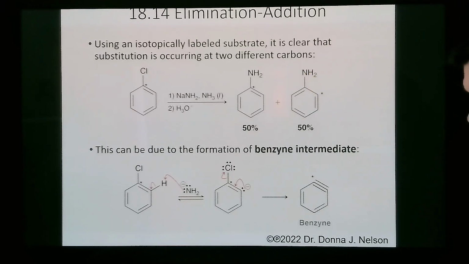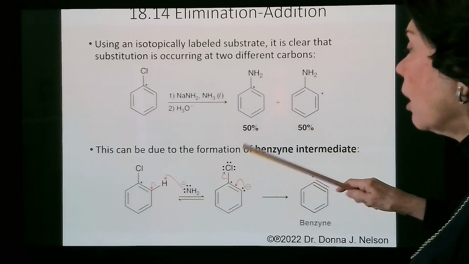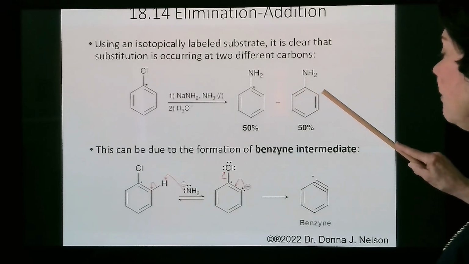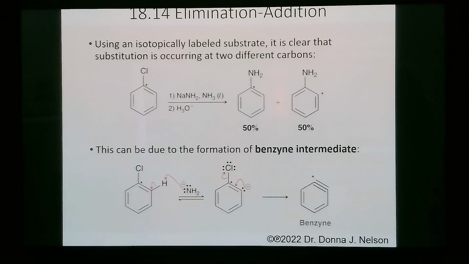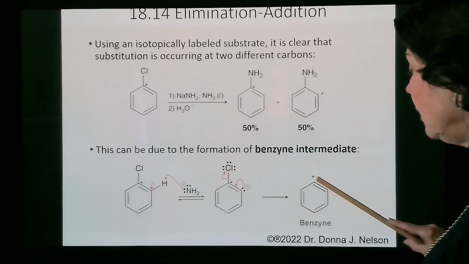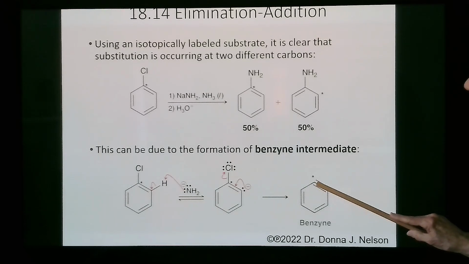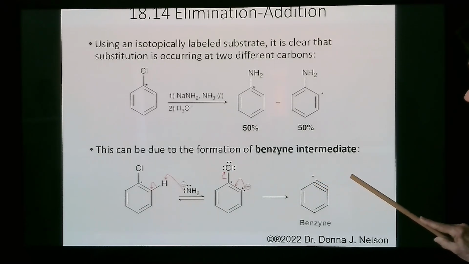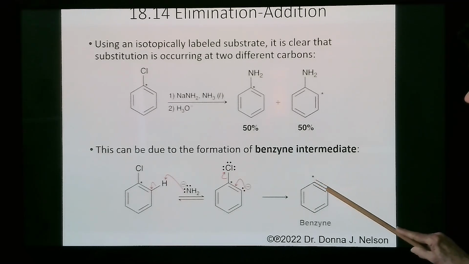So the carbon label will be at the ipso position and at the ortho position. The only way that can happen is if one goes through this benzyne intermediate, so that when the nucleophile comes in, it will come in at either position, half here and half here.